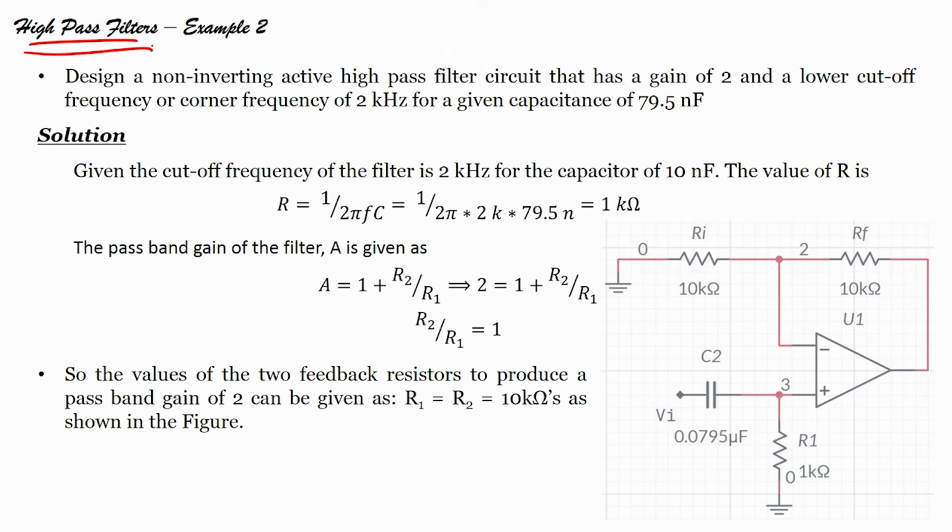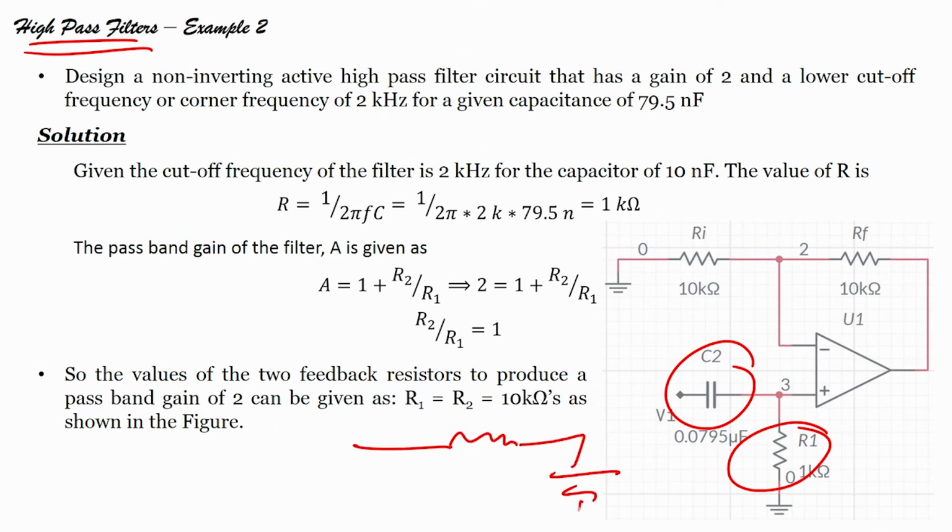The main difference between high pass and low pass filters that you have to remember is that in the high pass filter the capacitor is at the start and the resistor is next. In the low pass filter we feed the signal to the resistor and then to the capacitor. But in the high pass filter it is the opposite of that.